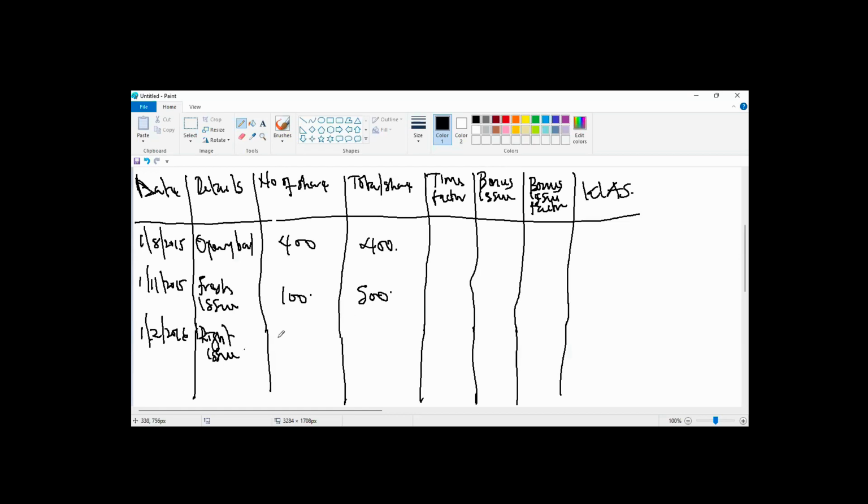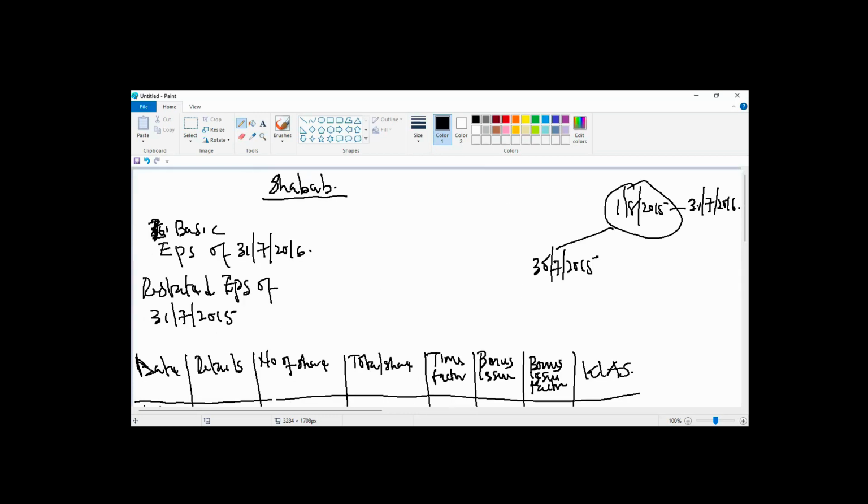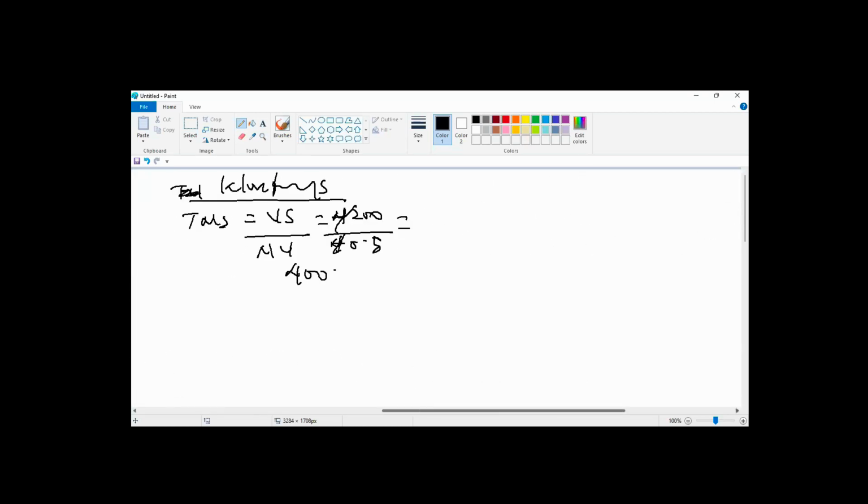He has given me the number of shares with that. 150 plus 500, 650. I need to calculate the bonus issue factor. He has given me the market price per share. For the rights issue, the condition is not given, but I know what to do.